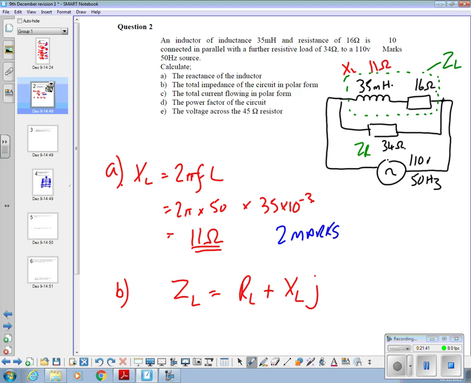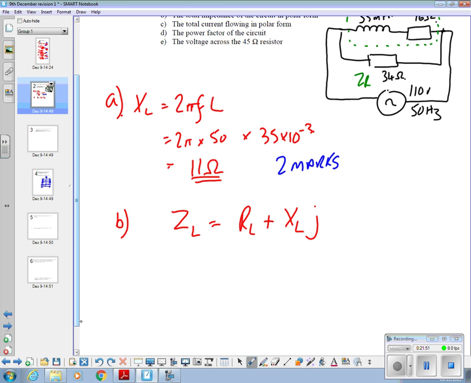I think I need to go through this bit of this question. So that's those two bits added together. We're calling this bit here now RL, and we know that's called XL. We added those two together.